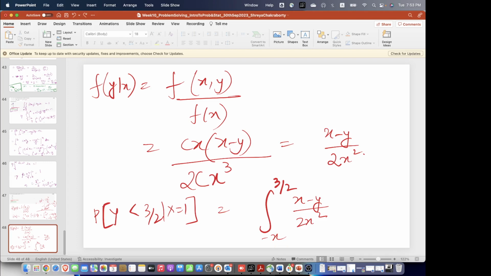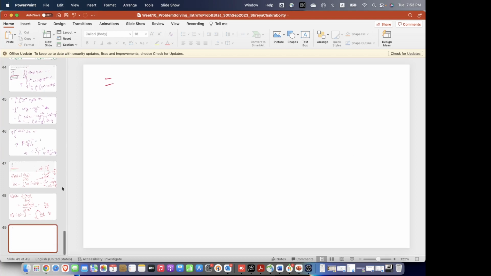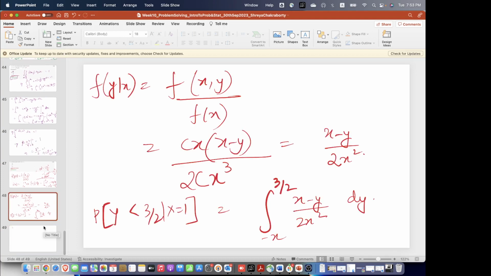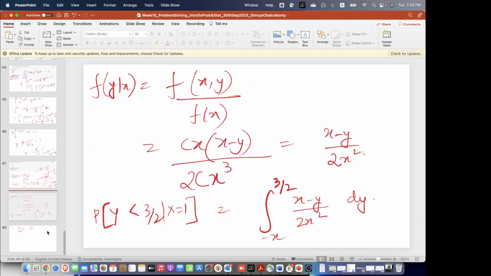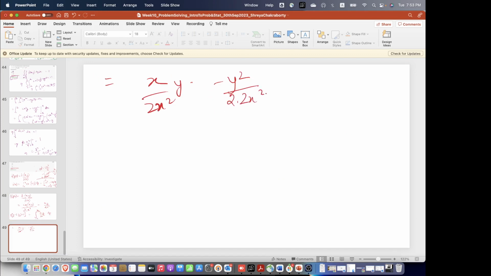Then this is dy. Then we would have x by 2x square y minus y square by 2 into 2x square, from minus x to 3 by 2. Okay, so here we are going to substitute the value of y.